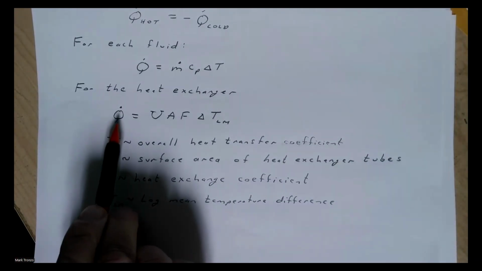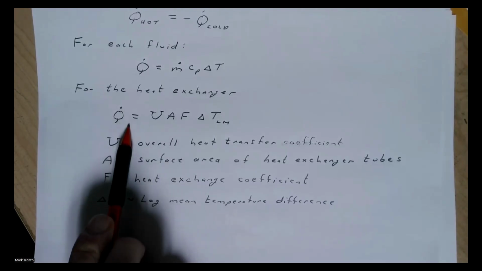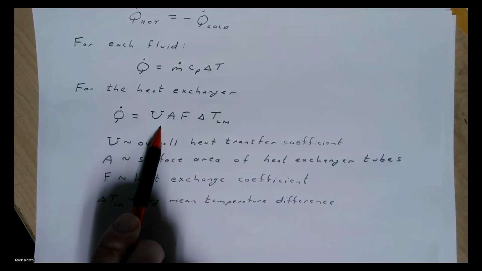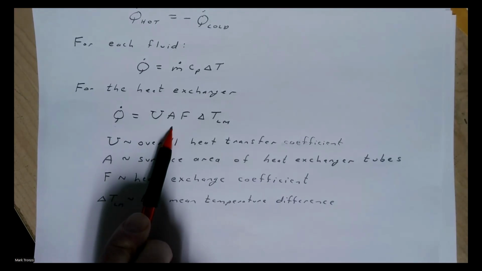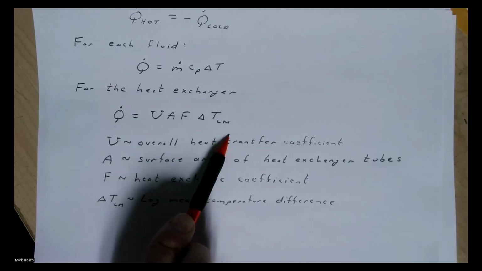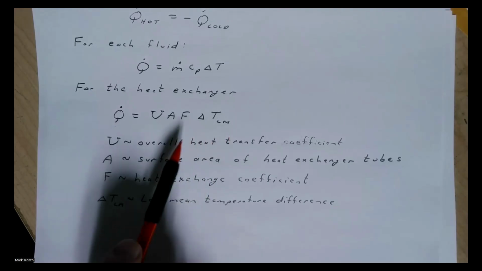Next, we'll find the area of the tubes, and keep in mind this equation here, the heat transfer rate Q dot is equal to the overall heat transfer coefficient. We know those two. We're going to solve for the area. We know the log mean temperature difference, but now we have to kind of find this heat exchanger coefficient.